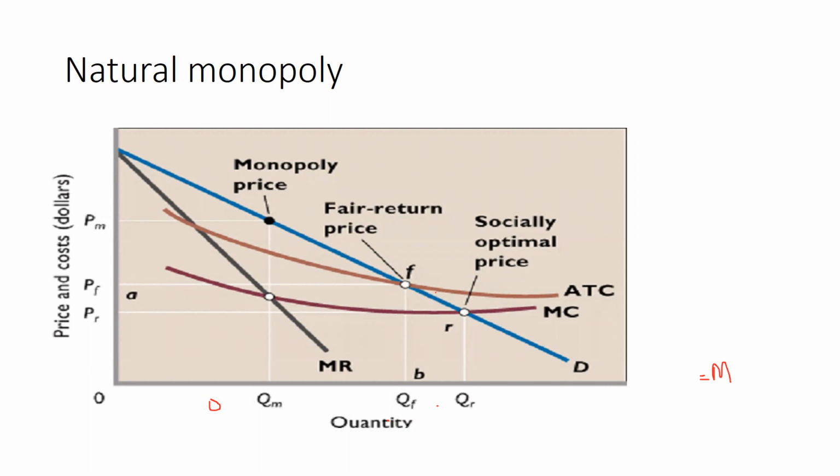Like think of originally cable TV or BG&E. And again, MC equals MR is the monopoly price. Fair return, zero economic profit, is where ATC crosses demand, PF and QF, price and quantity, and then socially optimal, PR and QR. All right.